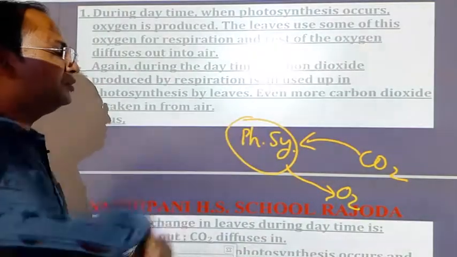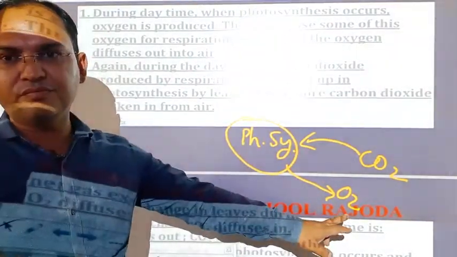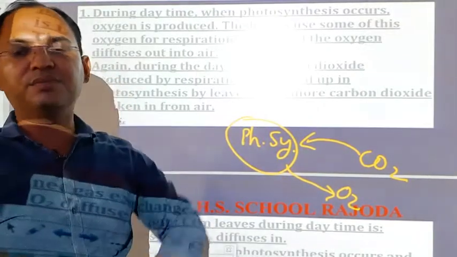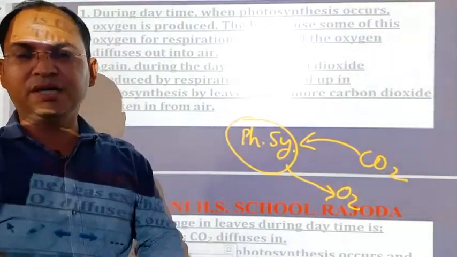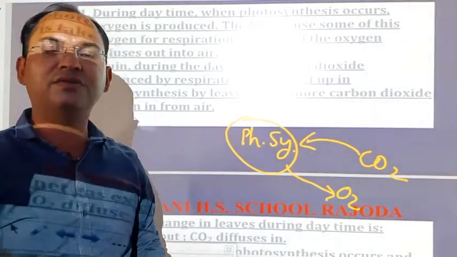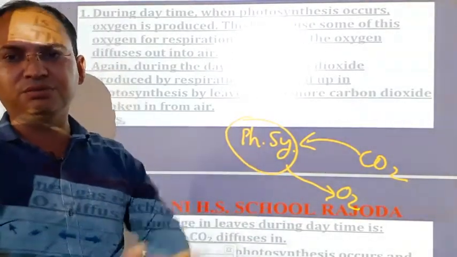So, when the plant produces oxygen, some of the oxygen is utilized in the process of respiration, and the rest of the oxygen is released into the environment, because a large amount of oxygen is produced in photosynthesis.